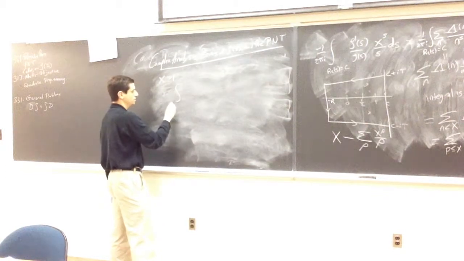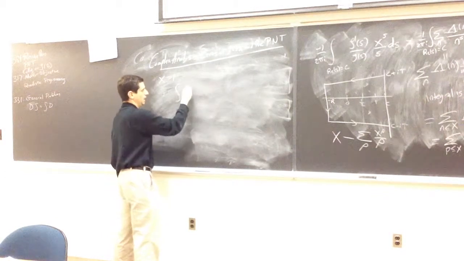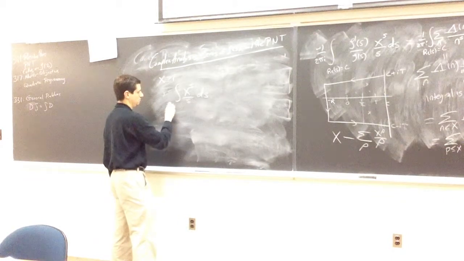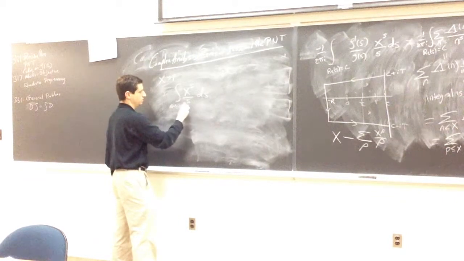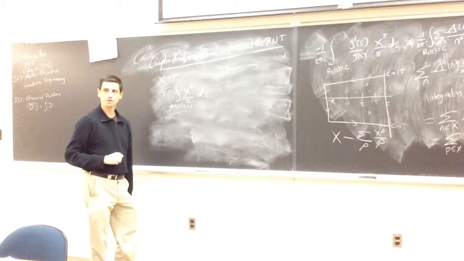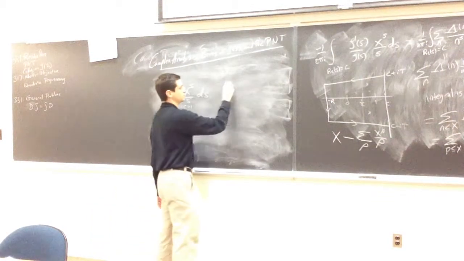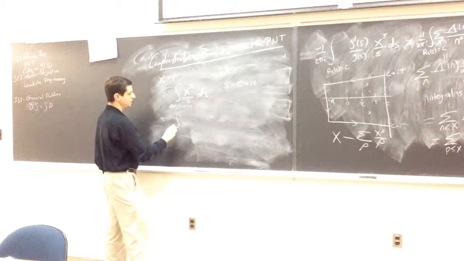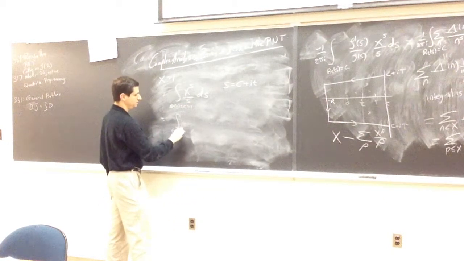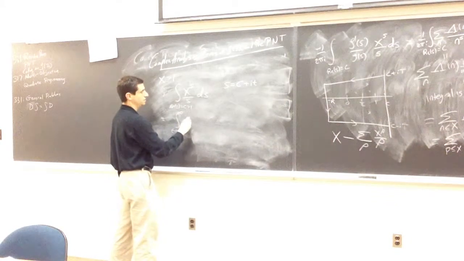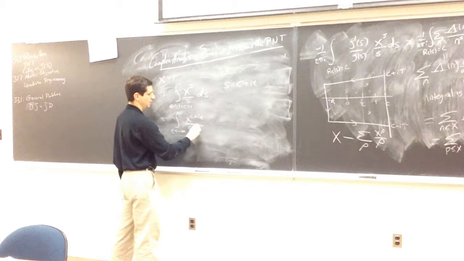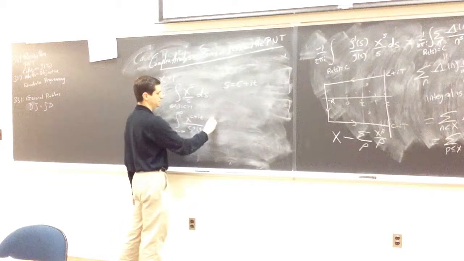We want to integrate x to the s over s ds, real part of s equals c greater than 1. So we want to figure out what's going on. So let's write s as c plus it. So this is the same as the integral, t goes from minus infinity to infinity, of x to the c plus it over c plus it, dt.